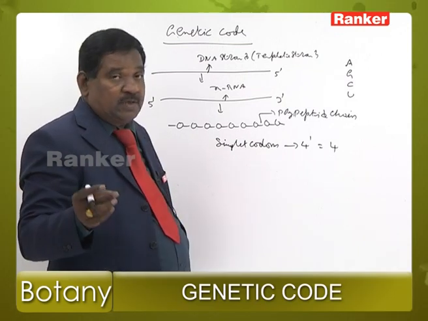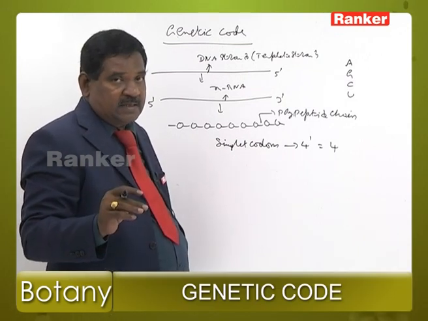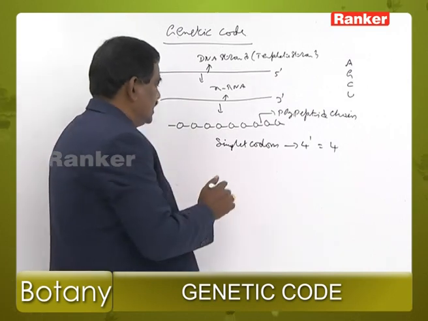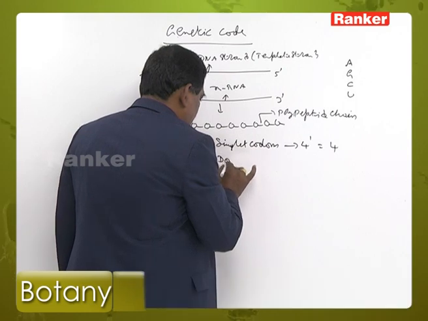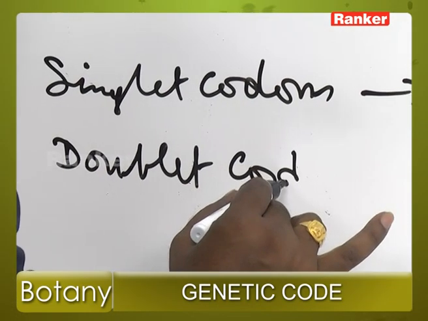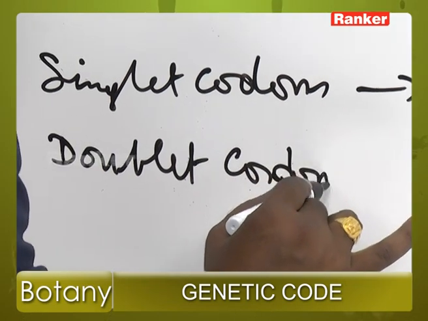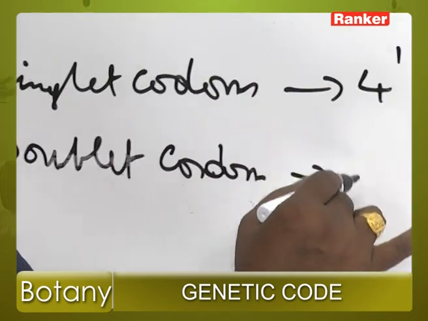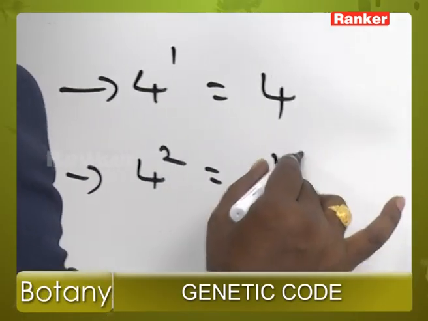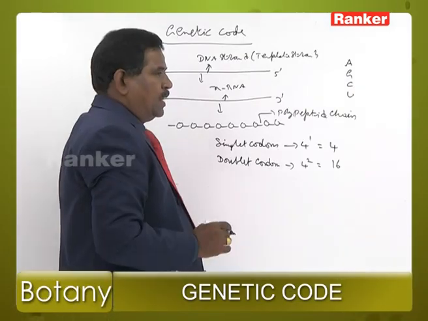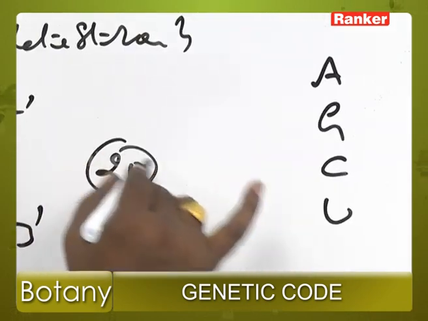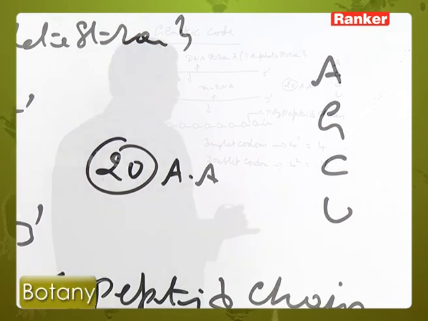Suppose if you take 2 nitrogen bases to recognize one amino acid, that is called doublet codon. That is 16. Total types of amino acids involved in protein synthesis are 20 types.